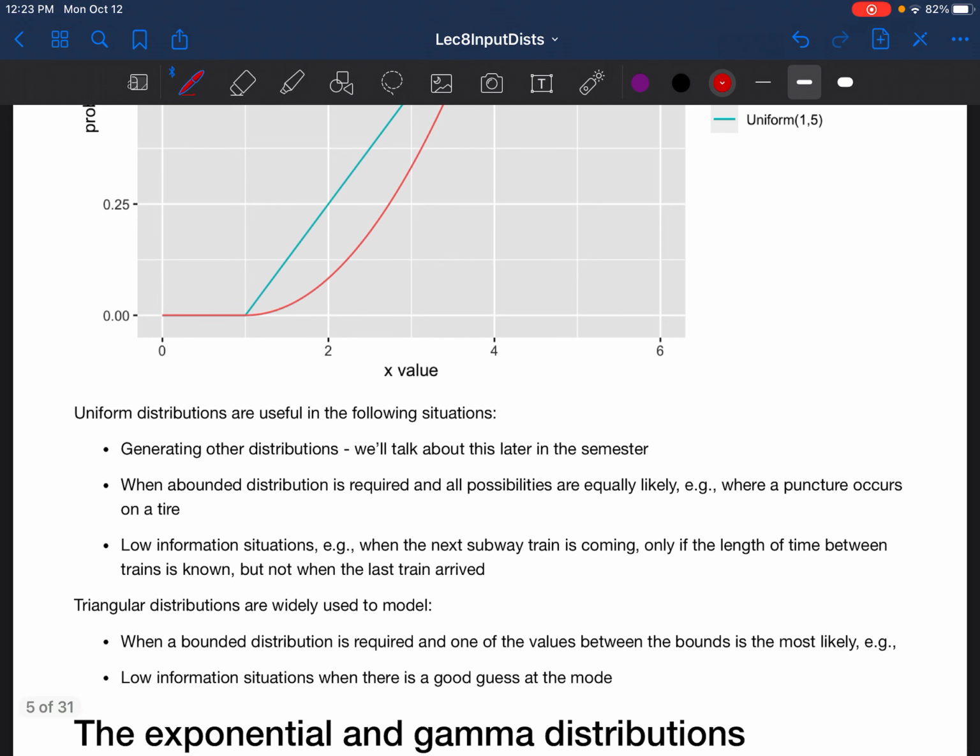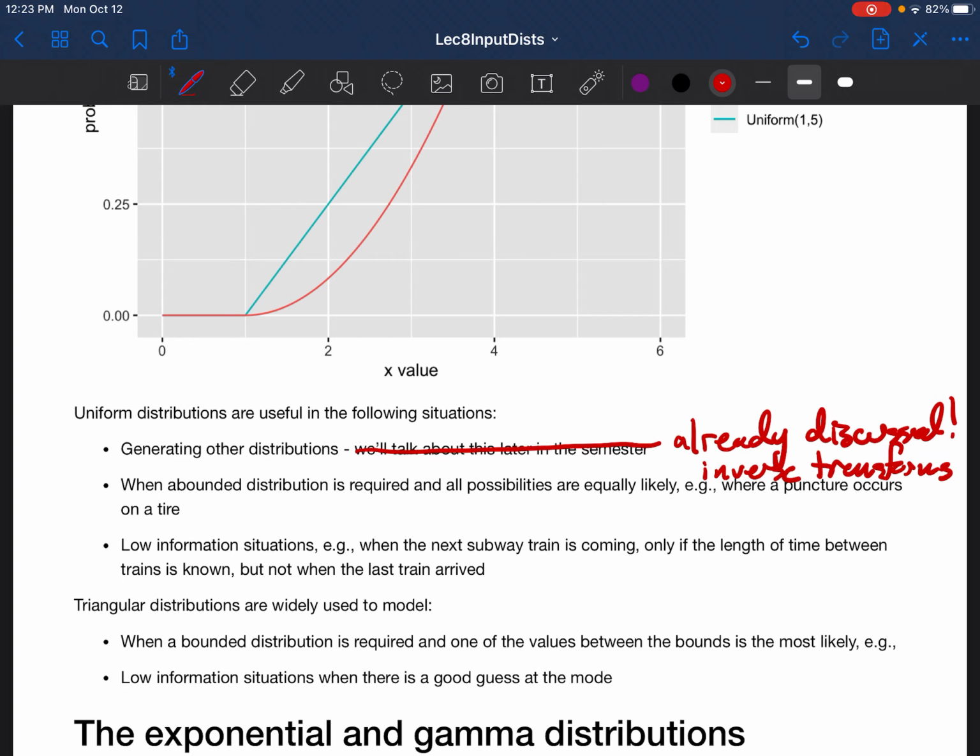So when do we use uniform? Well, generating other distributions. In fact, we've already talked about this, when we use the inverse transforms. When you need a bounded distribution and all the possibilities are equally likely. Or in low information situations.